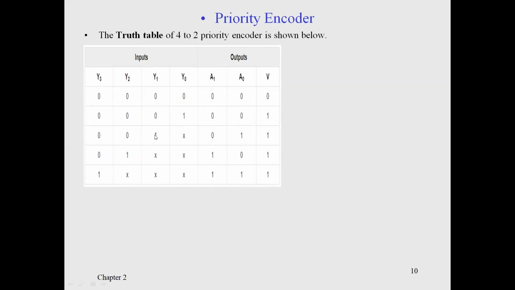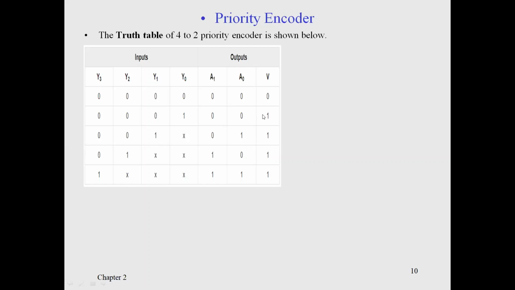When Y1 is 1, irrespective of Y0, it will be 1. When Y2 is 1, irrespective of whatever is below, it will select 1 0, that is 2 for Y2. And when Y3 is 1, irrespective of whatever is there, don't care conditions, it will select 3 for Y3. And in all these cases the signal bit will be high.